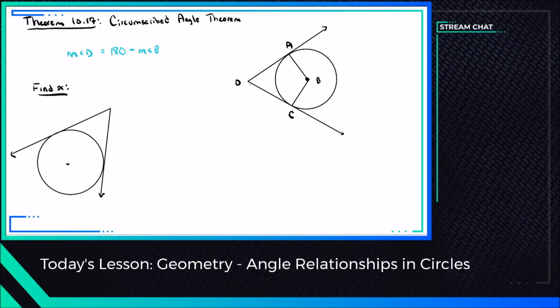And so there's our center C. We have A and B up here, and we want to find the measurement of angle D, which is also going to be our X. And angle C is equal to 130 degrees. So we know X is going to equal 180 minus the measurement of angle C. So that's going to be 180 minus 130, or X is equal to 50 degrees.